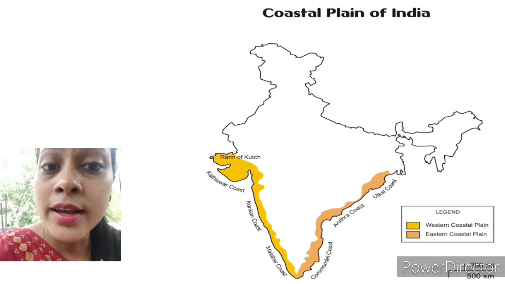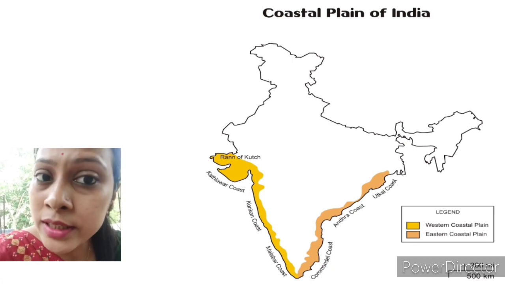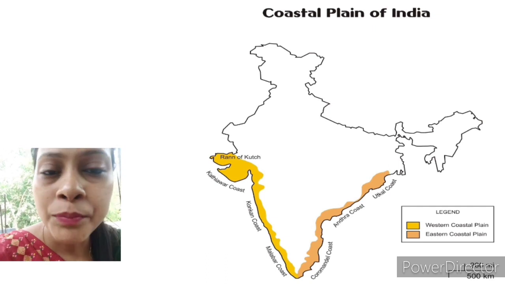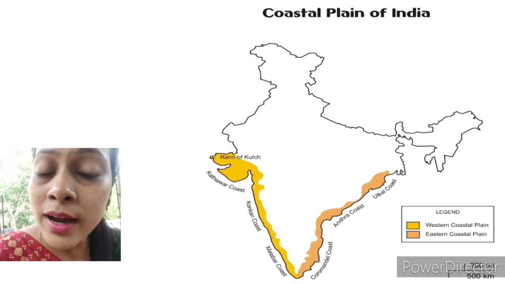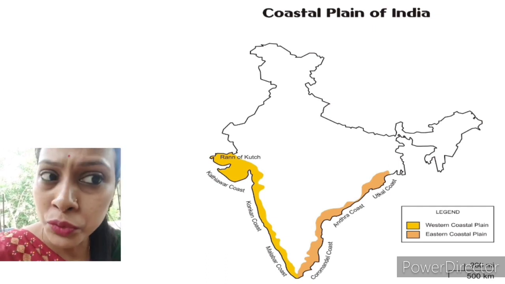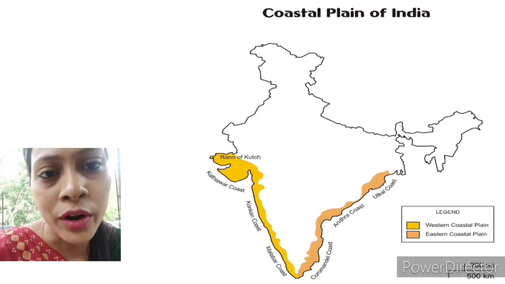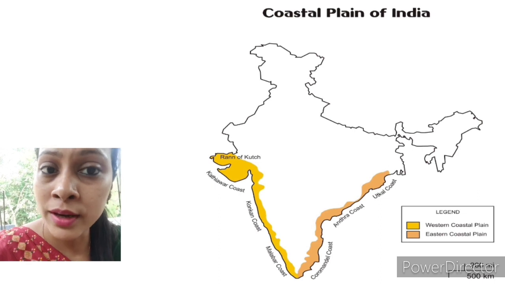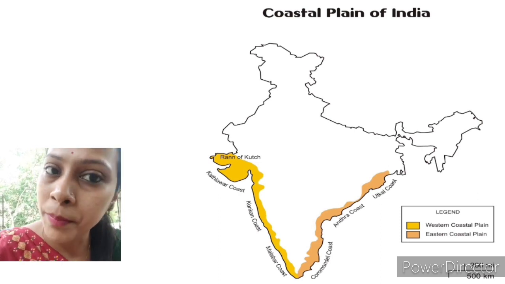On the other hand, Eastern Coastal Plains are wider and have 2 divisions, Northern Sircar and Coromandel Coast. Northern Sircar is again subdivided into 2, that is Utkal Coast and Andhra Coast. The Eastern Coastal Plain lies between the Eastern Ghats and the Bay of Bengal.